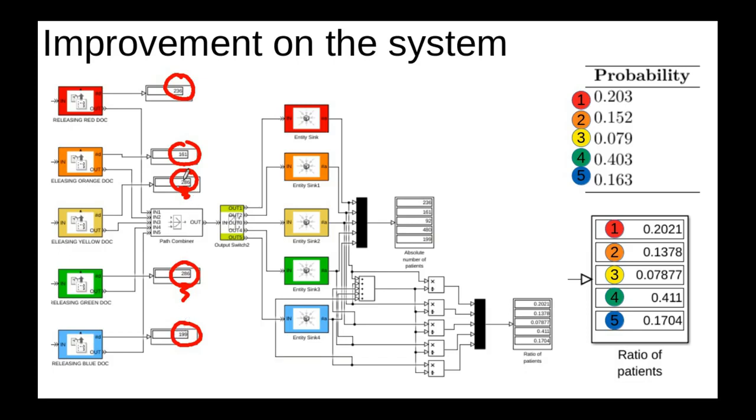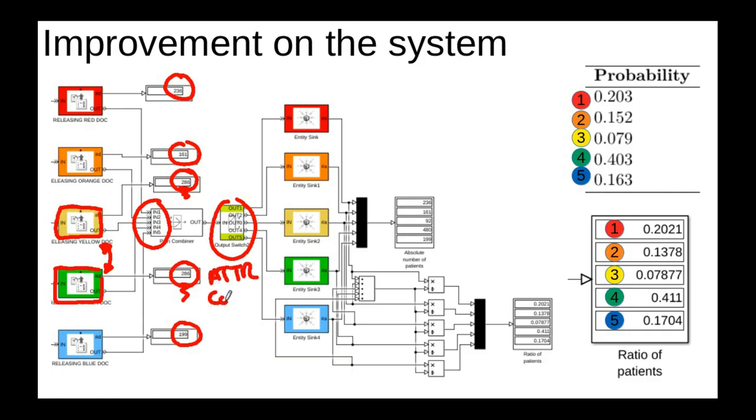But I want to know how many patients are treated as yellow ones and how many patients have been treated as green ones, because I have both types in both sections of the model. So I gather all of them and then I split again with an output switch based on attribute.